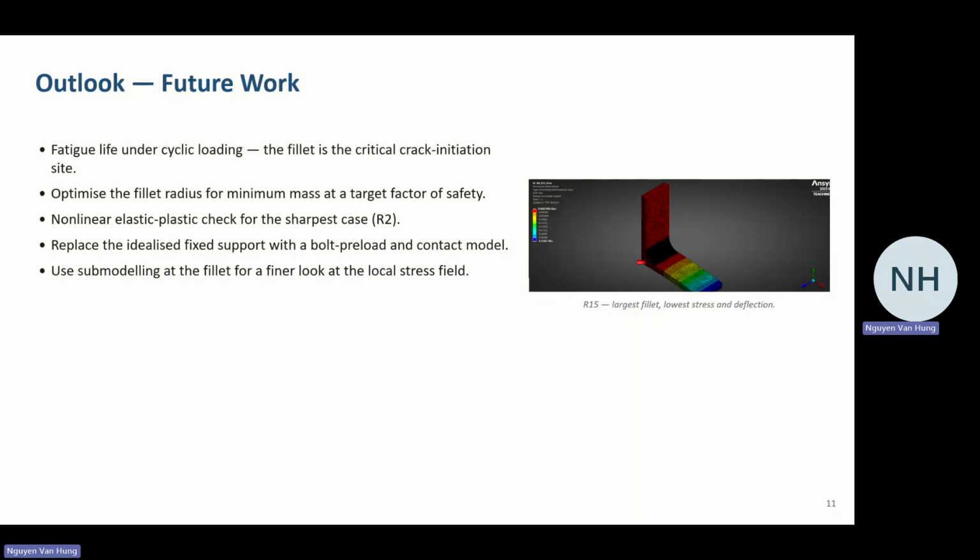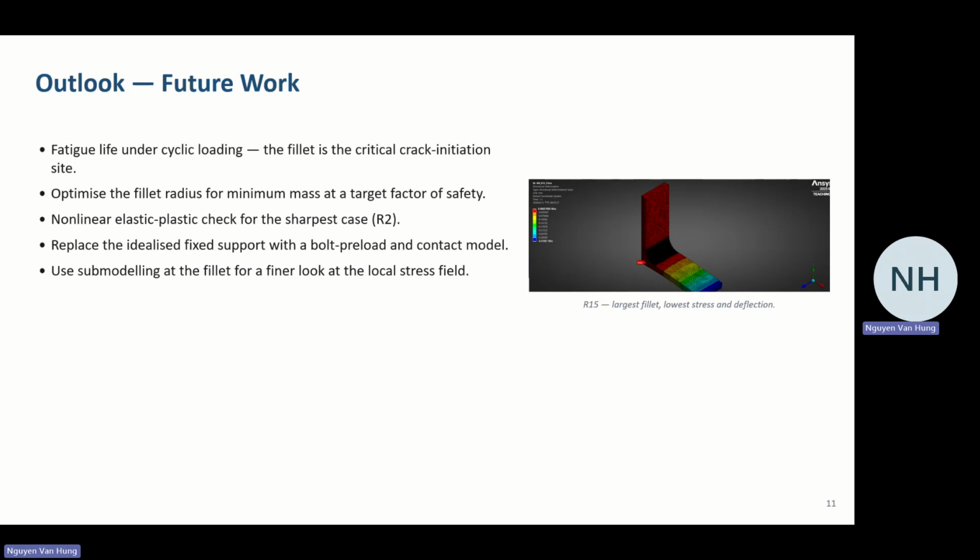Here's the outlook and the future work. A few directions for future work. The most important is fatigue. Since the fillet is where cracks would start, a cyclic loading study would be the natural next step. Beyond that, optimize the radius for the minimum weight at a chosen safety factor.